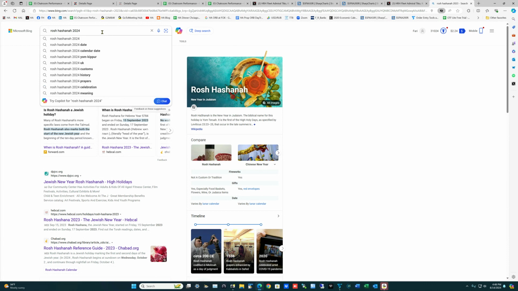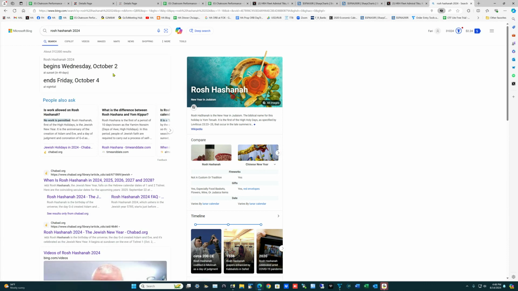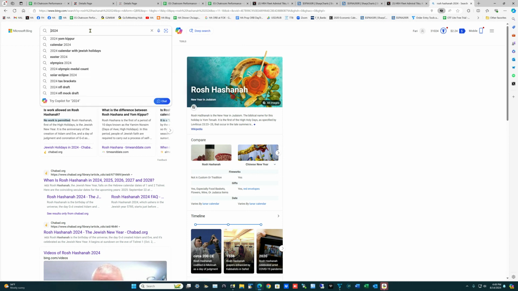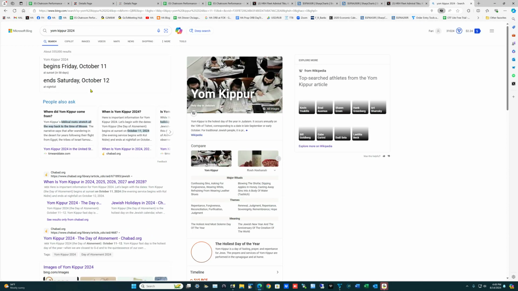See, it was September last time. Here you go. Rosh Hashanah starts on the 2nd, and then Yom Kippur. Yeah, okay, you see it. So it's going to start on the 2nd through the 12th.